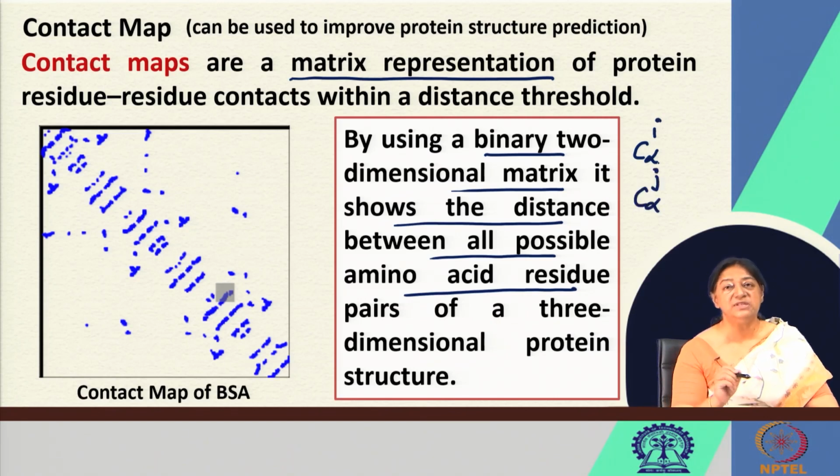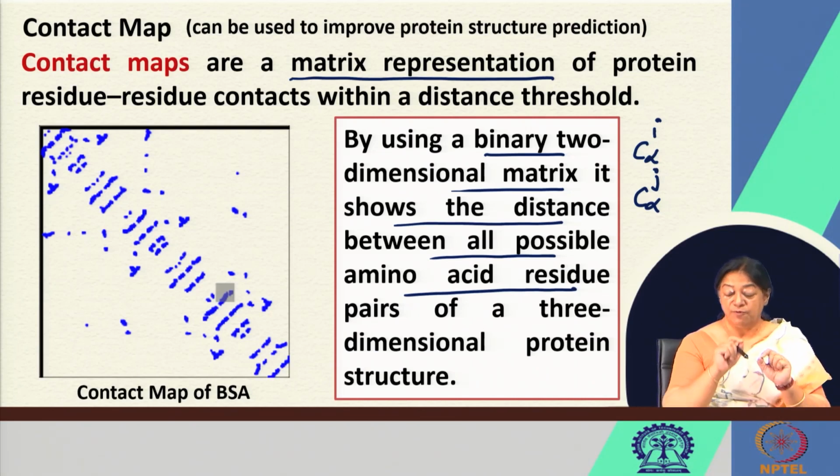For C alpha of residue i, we have the x, y, z coordinates in three-dimensional space. For C alpha j, we also have three-dimensional coordinates, and we can calculate the distance from C alpha i to C alpha j.